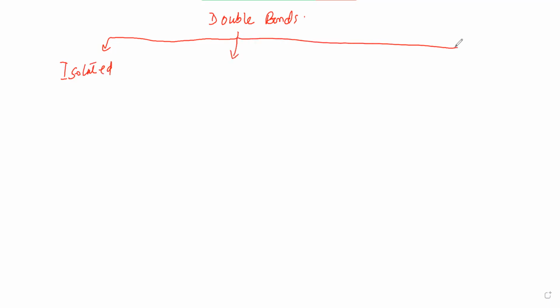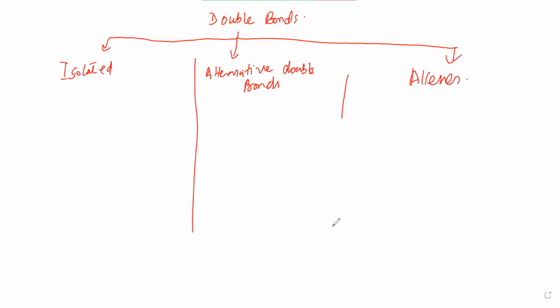We can call some bonds alternative double bonds. And some double bonds are called allenes. So what we mean by all these double bonds, let's see.